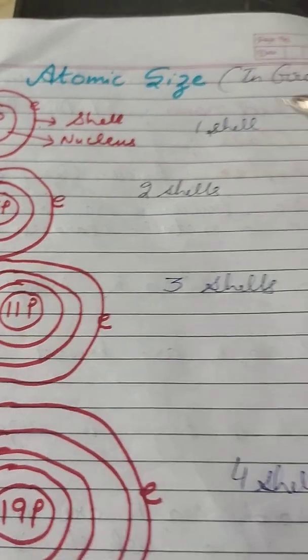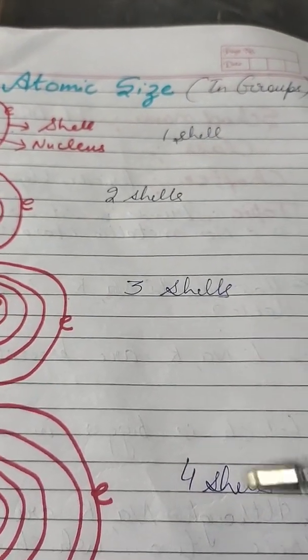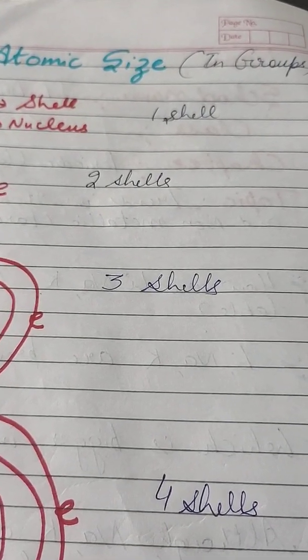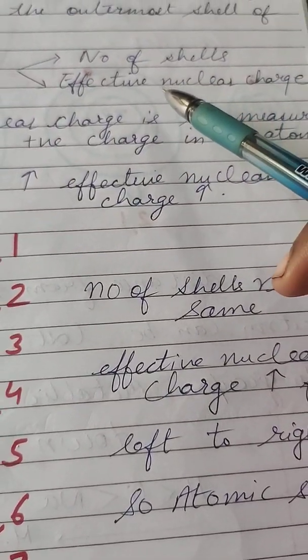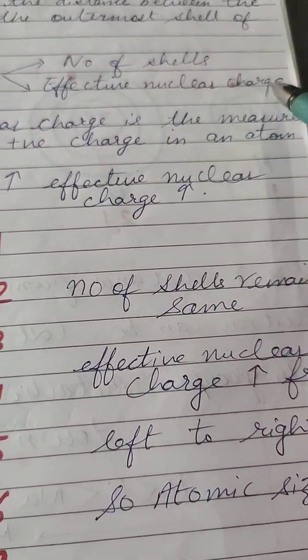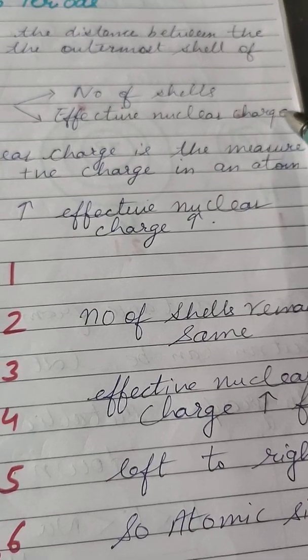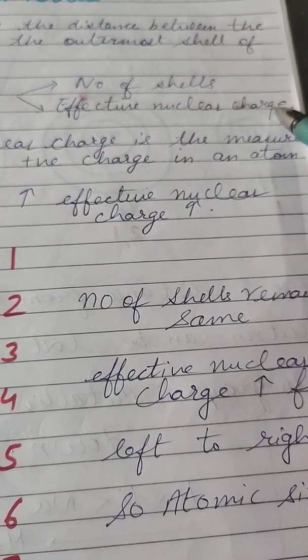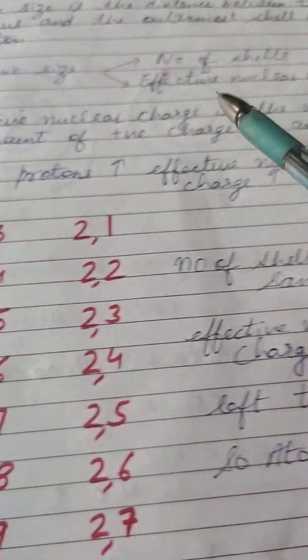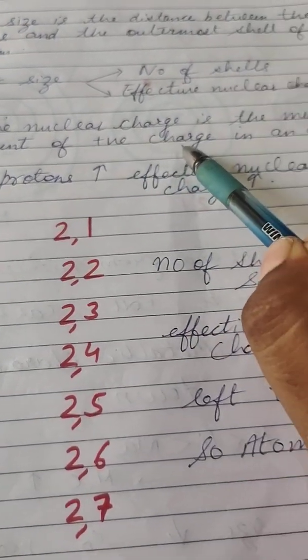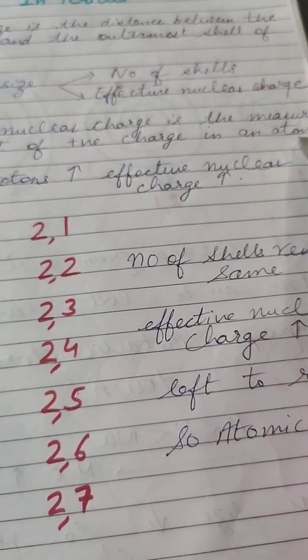Here you have seen that the number of shells keep on increasing, due to which the size is going to increase. Now there is another factor, which is effective nuclear charge. Now, what does effective nuclear charge mean? Effective nuclear charge is the measure of the amount of positive charge in an atom.